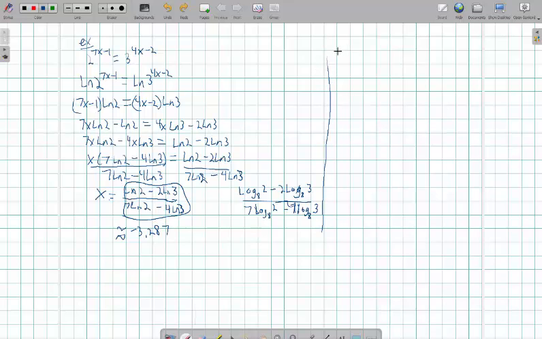So another way of approaching this, some of my students really prefer this. If you take a log base that specifically corresponds to one of these bases. So say I took a log base 2 or a log base 3.